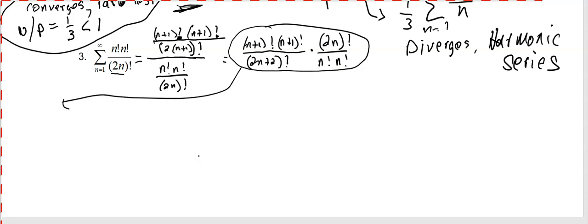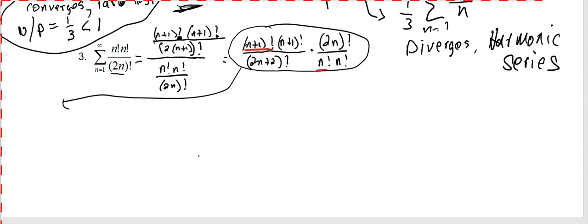Bring it down here. If you notice, we have an n plus 1 factorial right here. So that technically really is n plus 1 times n, n minus 1, n minus 2, n minus 3 forever if we don't know what our variable is. But if you look in your denominator, notice how there's an n factorial. That also would give you an n minus 1, n minus 2, n minus 3, n minus 4, and so on and so forth, forever and ever.